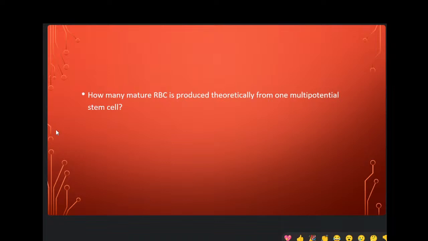So imagine, from one cell you can produce 8 RBCs na, 'di ba? Kaya billions or millions ang count ng RBCs natin on a normal basis. Can we see the answer? 8 mature RBCs nga ba? Tama? Yes. Okay.